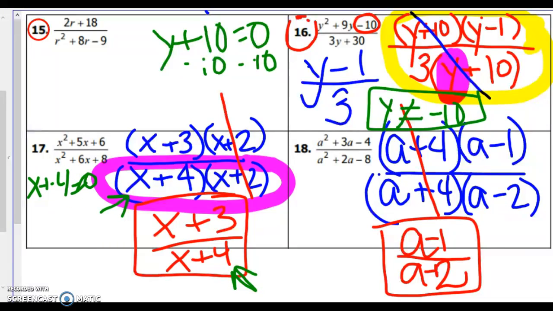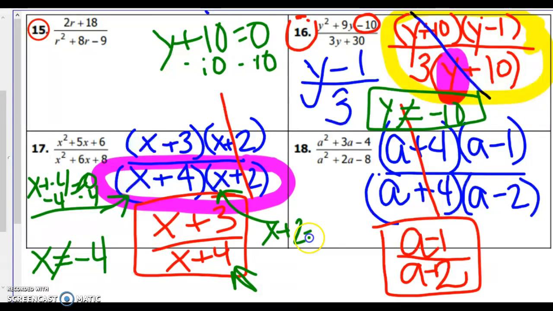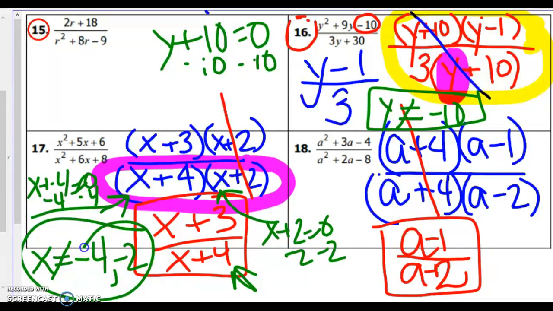You might see right away, oh, x can't be negative 4, because if I solve that, there it is. I get x can't be negative 4. Then what can x not be right there? Well, what would make x plus 2 equal to 0? That would be negative 2. So x can't be negative 4, and it can't be negative 2.